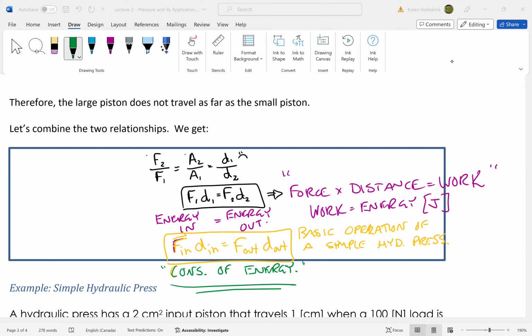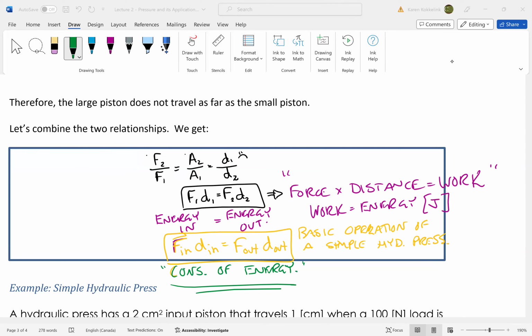So a smaller piston would have to travel a larger distance than a large piston would have to travel to achieve the same volume of displaced oil. Therefore, the force times the displacement, a small force times a large displacement, is the same as a large force times a smaller displacement, and force times displacement is energy. So work in equals work out, energy in equals energy out. We have conserved energy, and we have been able to observe a system that is probably pretty useful.